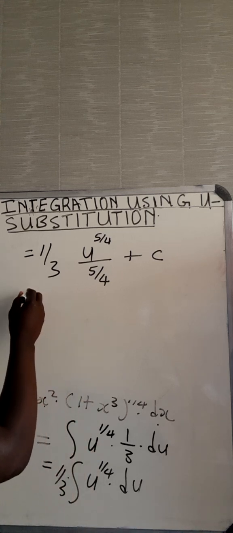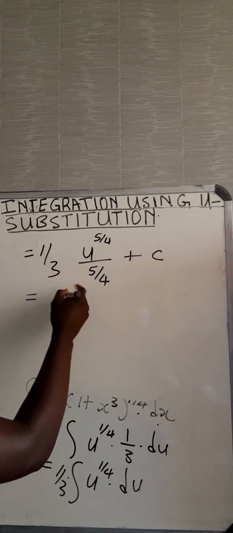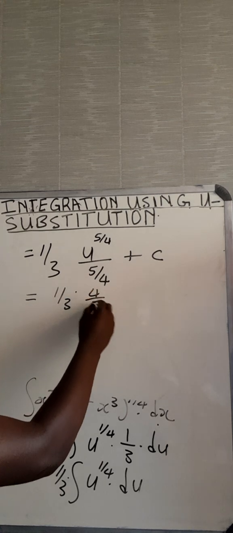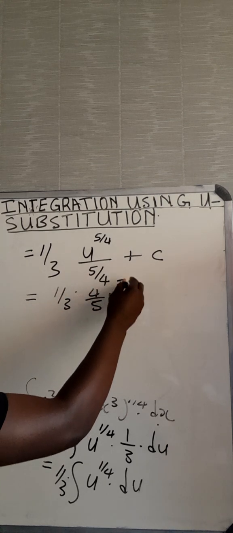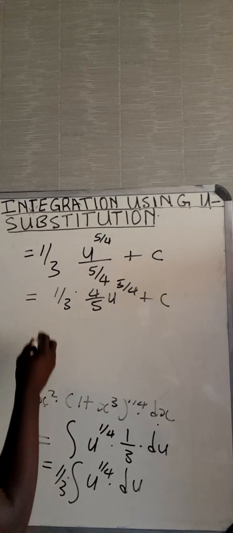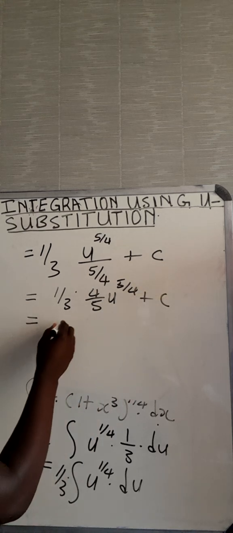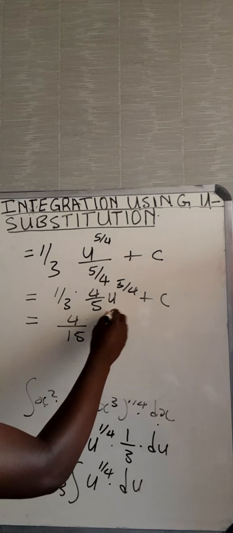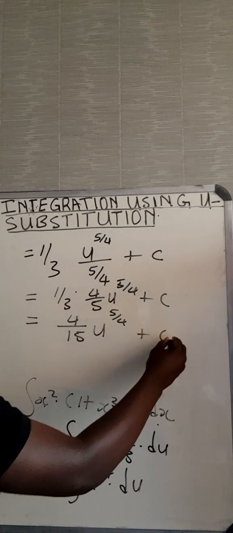So we have 1 over 3 times 4 over 5 u to the power 5 over 4 plus c, which is 4 over 15 u to the power of 5 over 4 plus c.